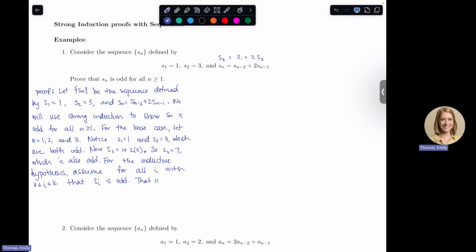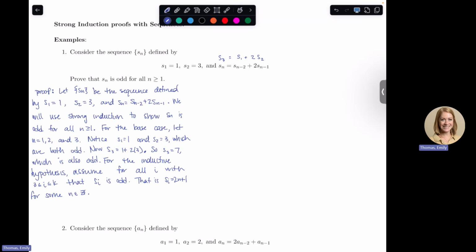That is, S sub I equals 2N plus 1 for some N in Z. I can't use K because K is already used here.